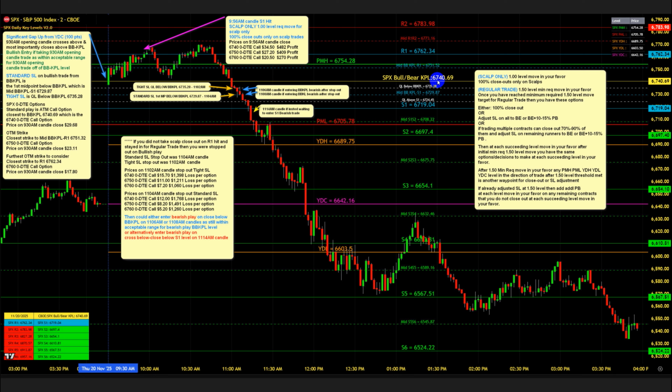So this level is the important bull bear pivot level for this session. Each day you're going to get new updated key levels and a new updated bull bear key price level for that particular session. So for this session, 67.4069 is the important bull bear pivot, meaning bullish above and bearish below.